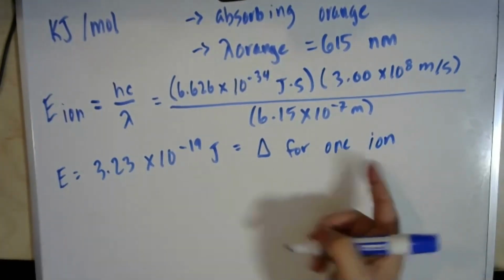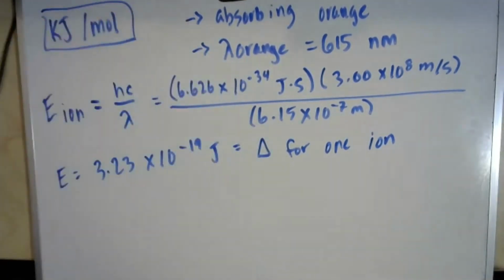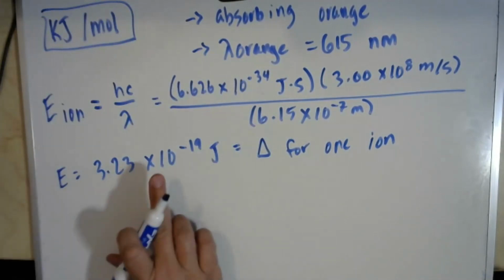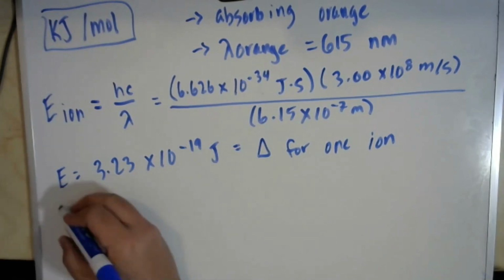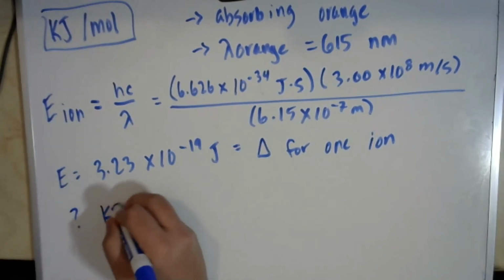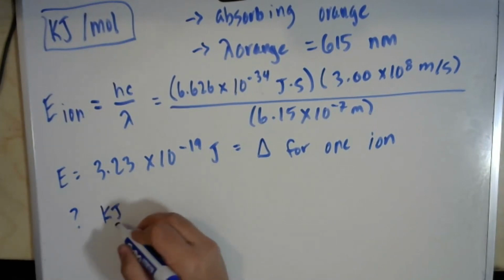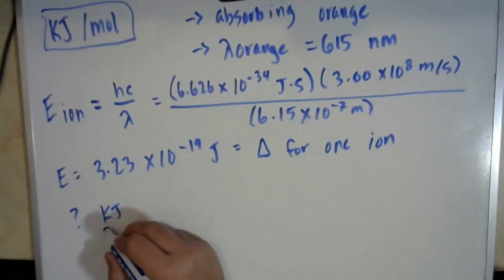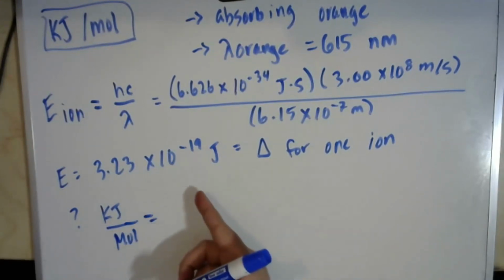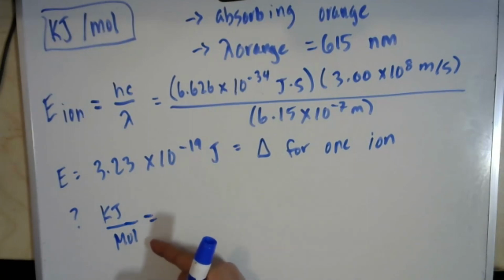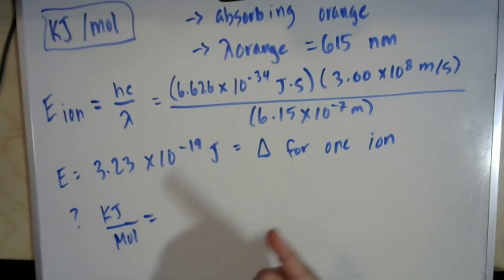We want a value in terms of kilojoules per mole. So I have to do a couple of things here. I have to divide this by 1,000 so I can turn it into kilojoules, and I'm going to have to use Avogadro's number to get me in terms of moles instead of just one ion.